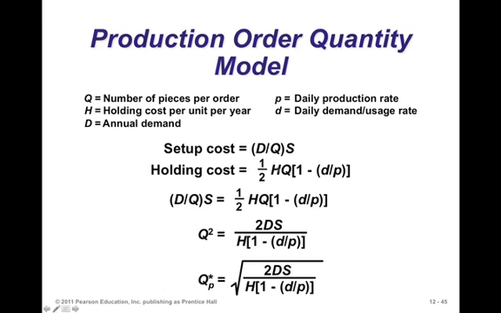This is the holding cost, and the holding cost is a little different from the EOQ example, where we had H times Q multiplied by half. Now it has to be adjusted by the fact that we have production and usage at the same time, and so therefore the holding cost is modified.